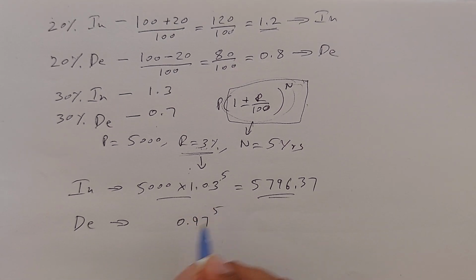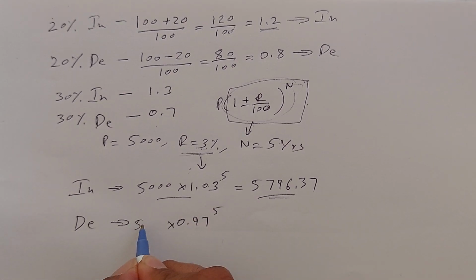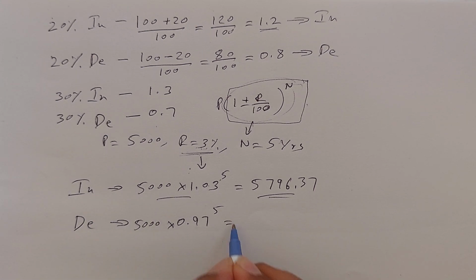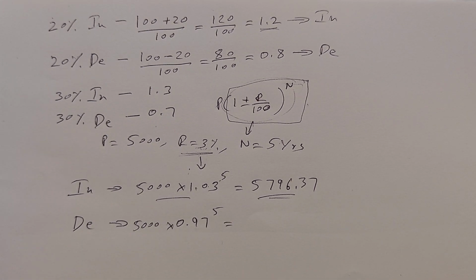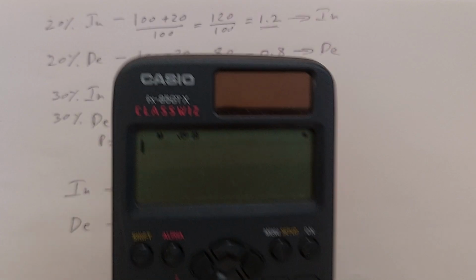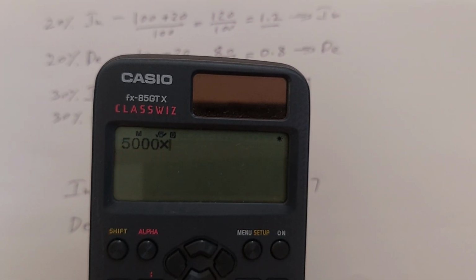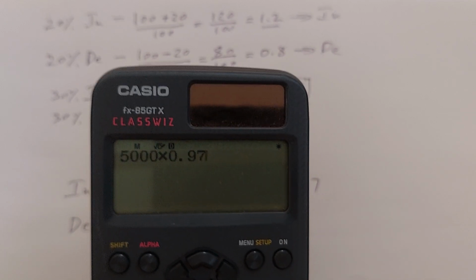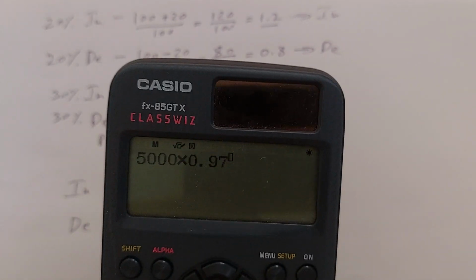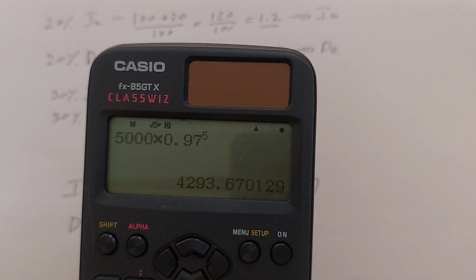For 5 years, times 5,000. That's it. Put that on the calculator. That is 5,000 times 0.97 whole power of 5. That's it.